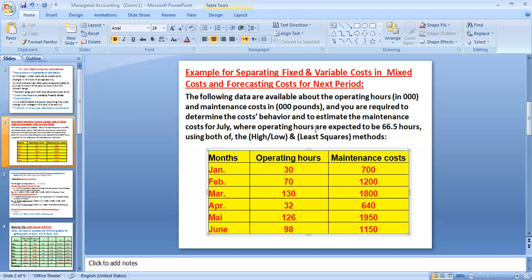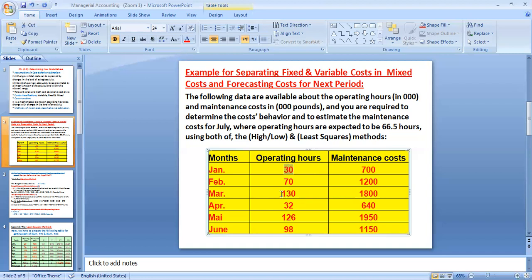So when I say the lower number of hours here is 30 and the upper number is 130. So 130 is the highest number of hours. 30 is the lowest number of hours. What is the cost at the lowest? 700. What is the cost at the highest number of hours? 1,800.